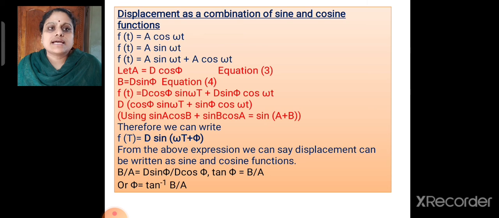Using the identity sin(a + b) equals sin a cos b plus cos a sin b, we can write f(t) equals d sin (omega t + phi). Here the displacement is written as a combination of sine and cosine functions. Phi can be defined as tan inverse of b by a, or we can get tan phi from equations 3 and 4, which is sin phi by cos phi, which is b by a.